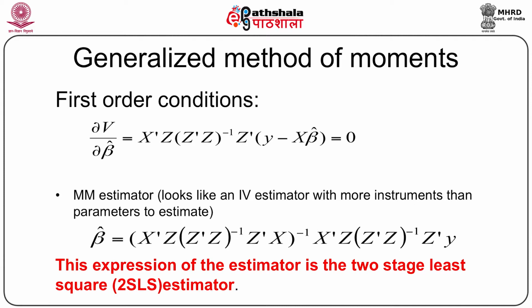But if, on the contrary, you get more instruments than required, then the expression of beta hat coincides with the two-stage least squares estimator, that is, we have a case of over-identification.